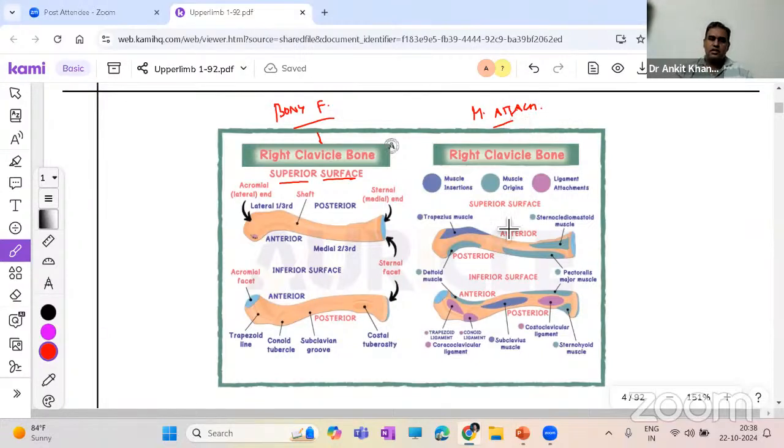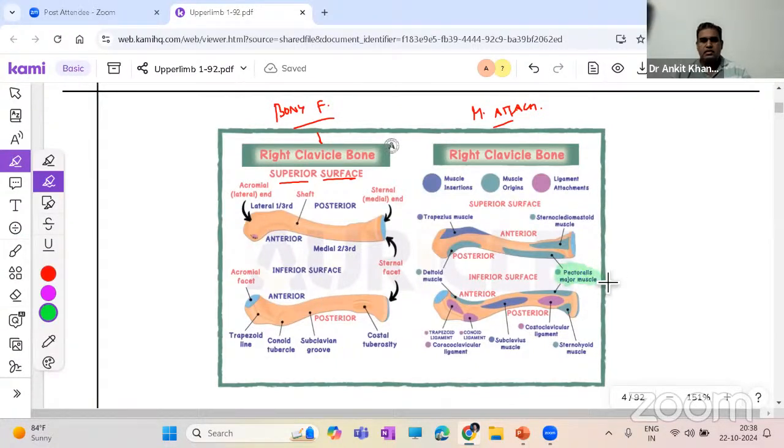As I told you, a few muscles over here, let me highlight them. Pectoralis major muscle. Then you have the trapezius muscle and deltoid. Trapezius and deltoid will be more lateral, and pectoralis and sternocleidomastoid are mainly more medial.